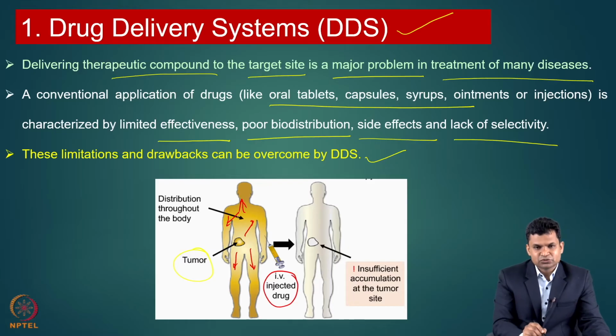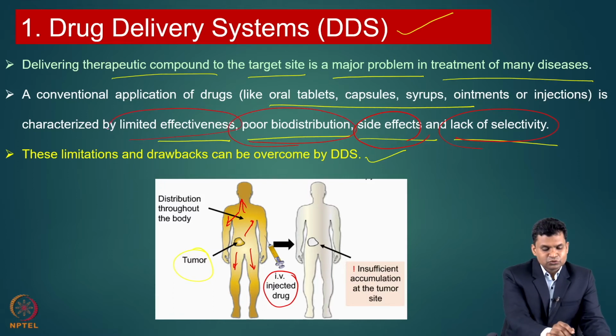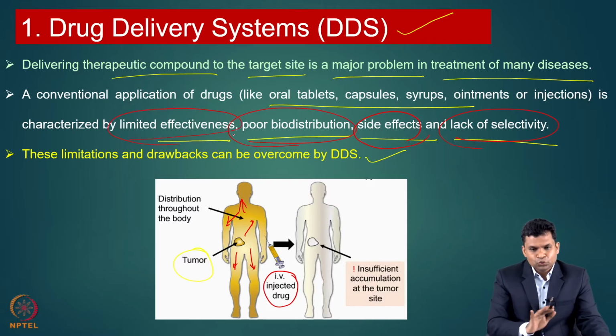This leads to toxicity in the patients, which is non-selective, and the distribution is not proper, and definitely it will not show efficacy. So to overcome this, a formulation or a drug must be converted into a drug delivery system, so that we can reduce the side effects and other limitations.